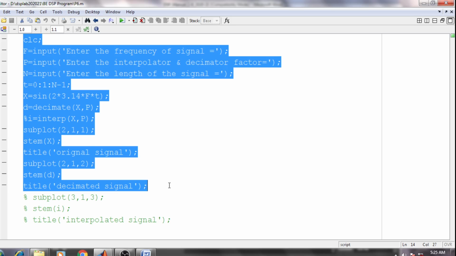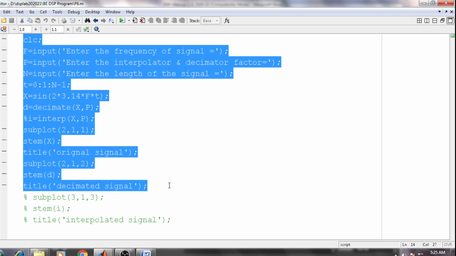Then p is used for whether you want to enter an interpolator or decimator. The factor of the interpolator or decimator will be decided with the help of p. That value you can write, so the p value will be decided by you.